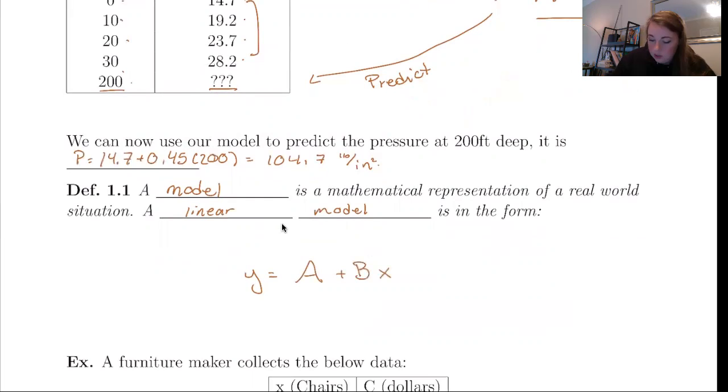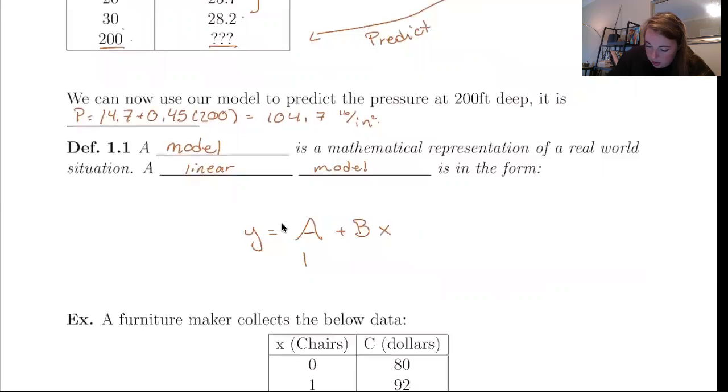All right, where a is our initial value. And initial, think about that as when time equals 0, so just when x equals 0. We can see that, right? If x equals 0, then this whole term is 0, so then you just get y equals a. So that's your initial value.